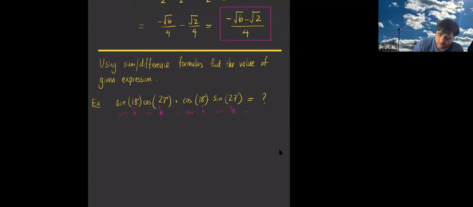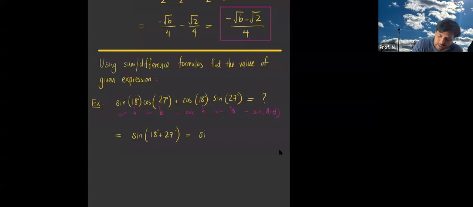What does that equal? Well, doesn't it equal the sum, sine of A plus B? Isn't that what the sum is? So sine of 18 cosine of 27 plus cosine of 18 times sine of 27 actually equals sine of 18 plus 27, doesn't it? That's the formula. What's 18 plus 27? 45.